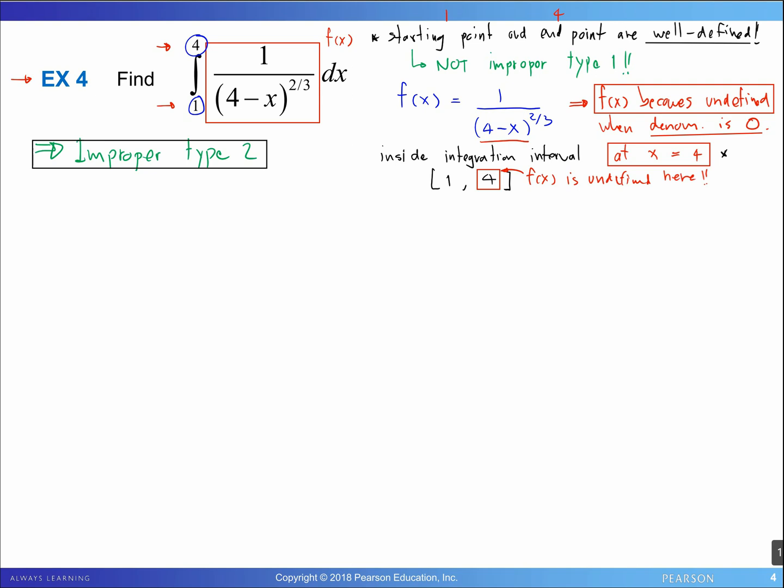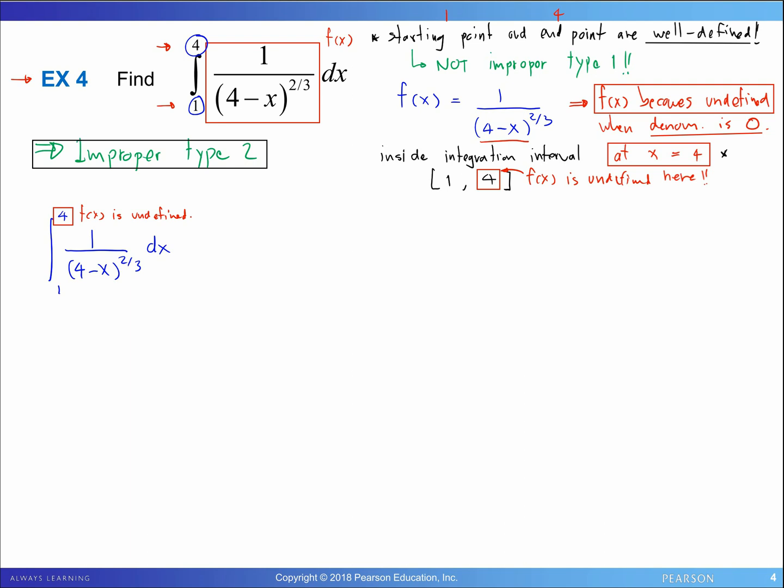So we have this integral of 1 over (4 minus x) to the power of 2 over 3. And now we integrate this with respect to x from the starting point 1 to the endpoint 4. And the problem is right here at the endpoint. Function f of x is undefined right here.